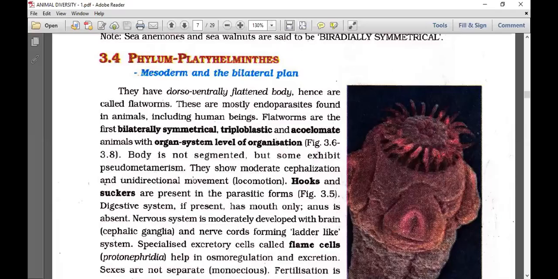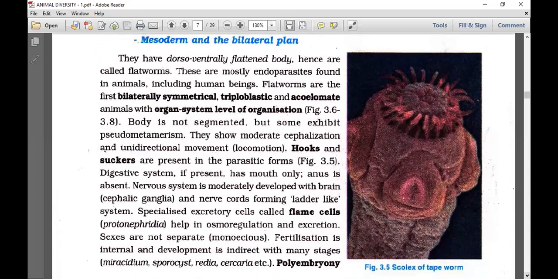Then the specialized excretory cells called flame cells, or protonephridia, help in osmoregulation. What is osmoregulation? Water balance, we say osmoregulation. Generally, remember, including the human kidney, primarily they are helpful for osmoregulation. After that we say they are for excretion, but primarily they are helpful for osmoregulation.